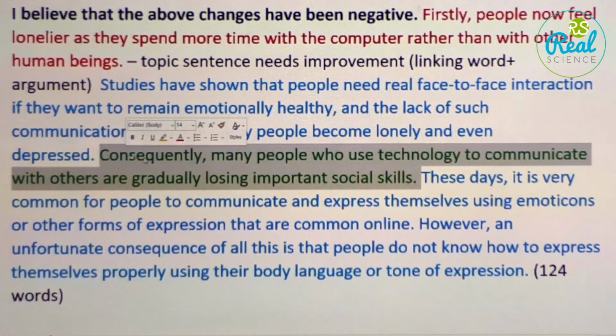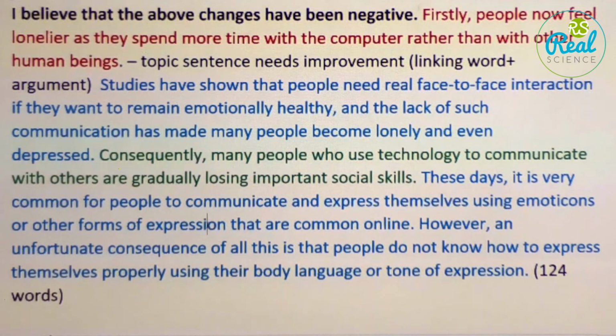What is missing from this sentence? It's missing that as a result, we must show how people can feel lonely and how technology can make them depressed. Look, here the point was loneliness, right? Yes.